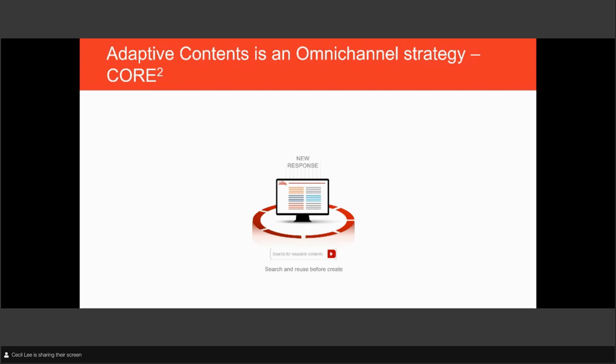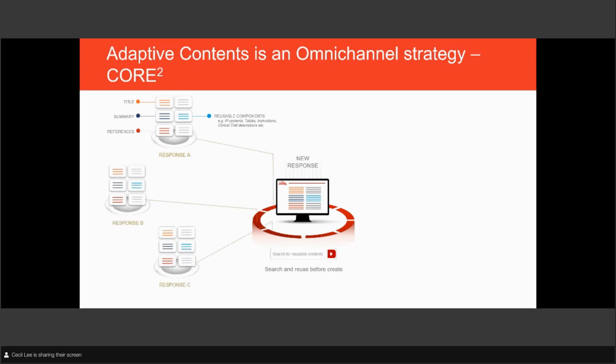They can find a particular reusable component, which most likely comes from another response that was approved in the past. You can also reuse from multiple different approved contents from before. This is your component authoring methodology.